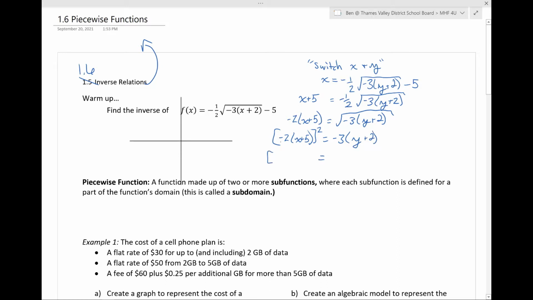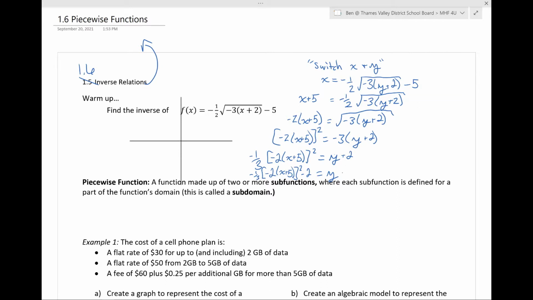That is -1 divided by 3 times -2 times x plus 5, all squared, equals y plus 2. And to finish it off, we're working with here -1/3 times -2 times x plus 5, all squared, minus 2 equals y. Good. So we've performed our inverse operations in the opposite order.